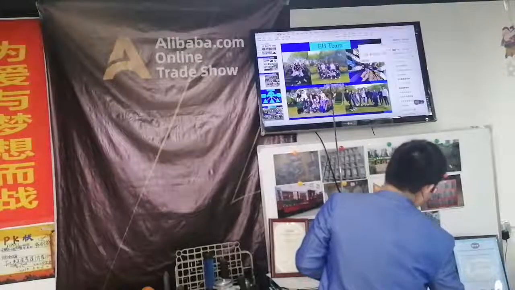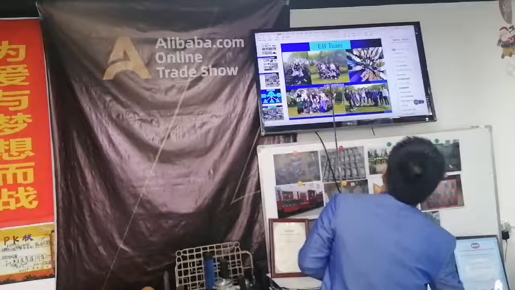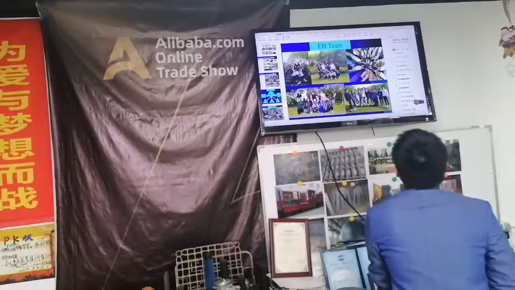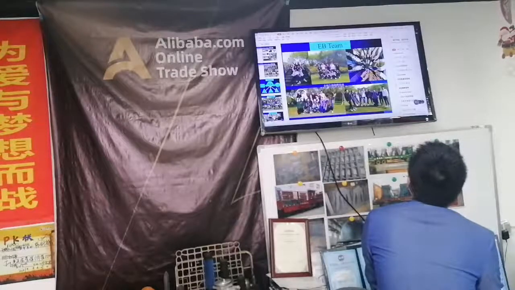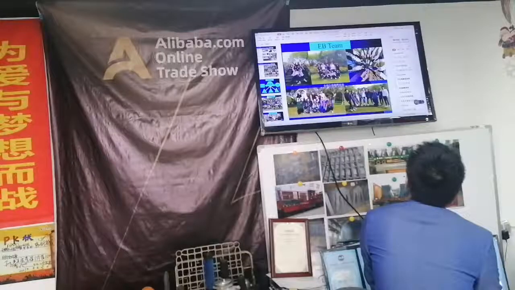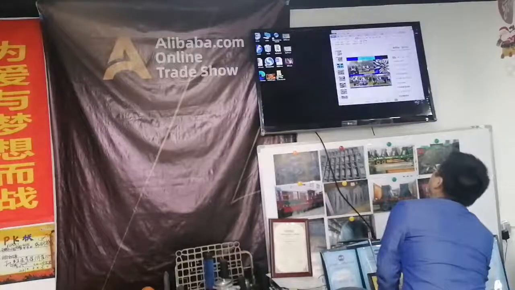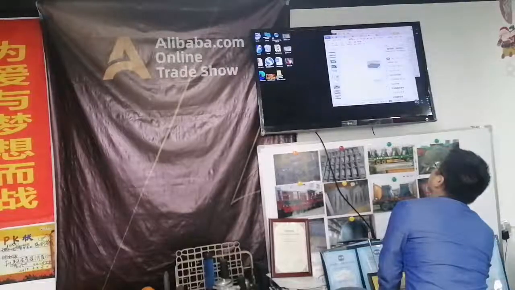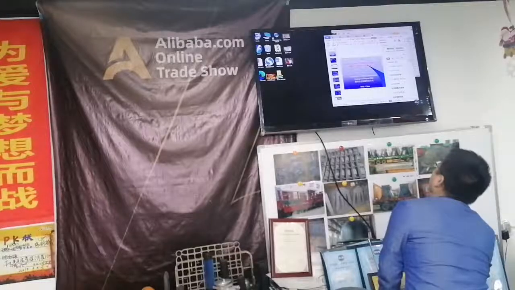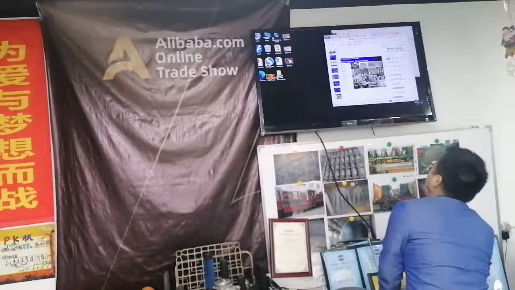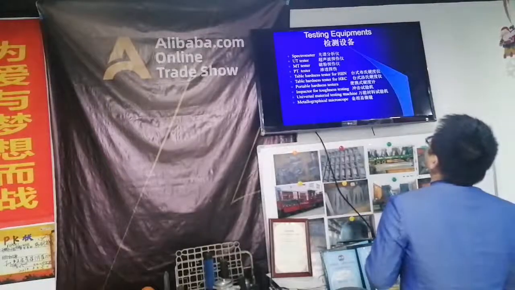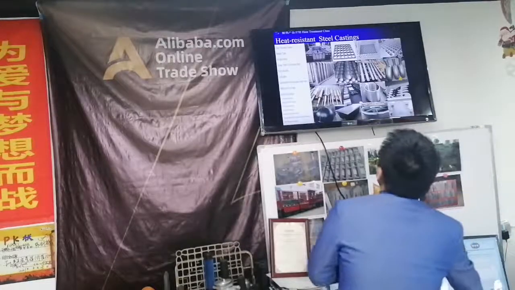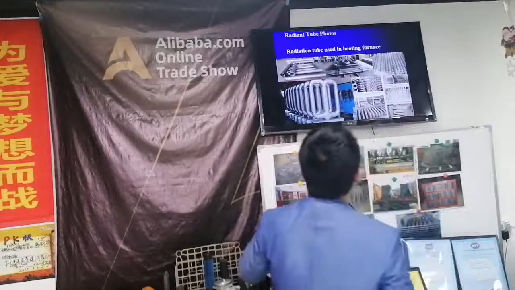And we also have other materials like ASTM A297 HP and HU. These photos.